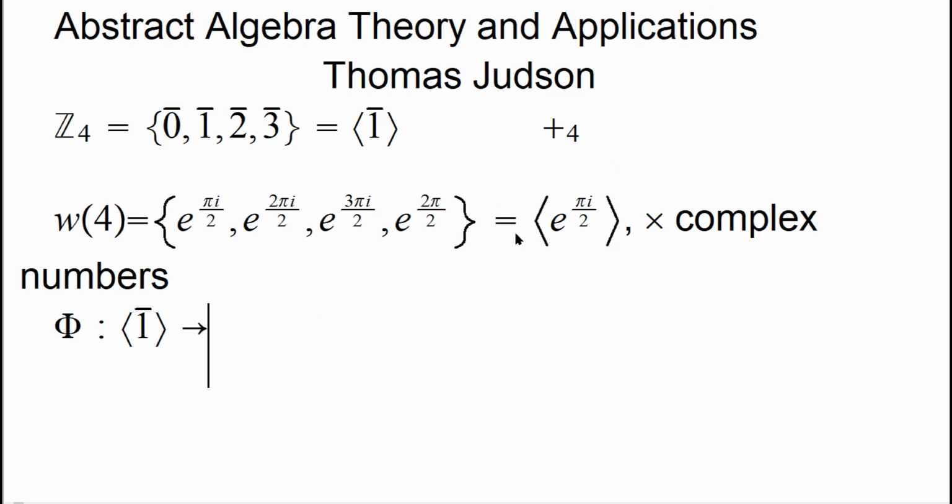We take phi of 1 as simply e to the power pi i over 2, which is a generator here, right?